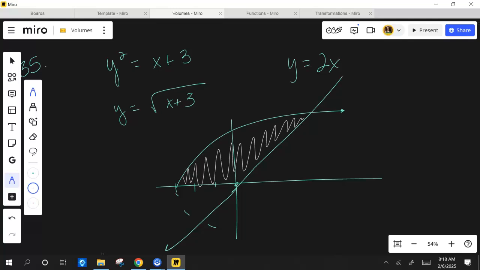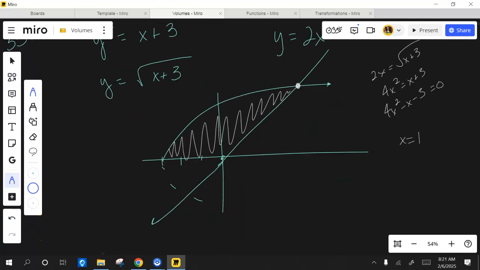All right, square root of x plus 3 and 2x. All right, listen. You can't just do top curve minus bottom curve all the way over here.